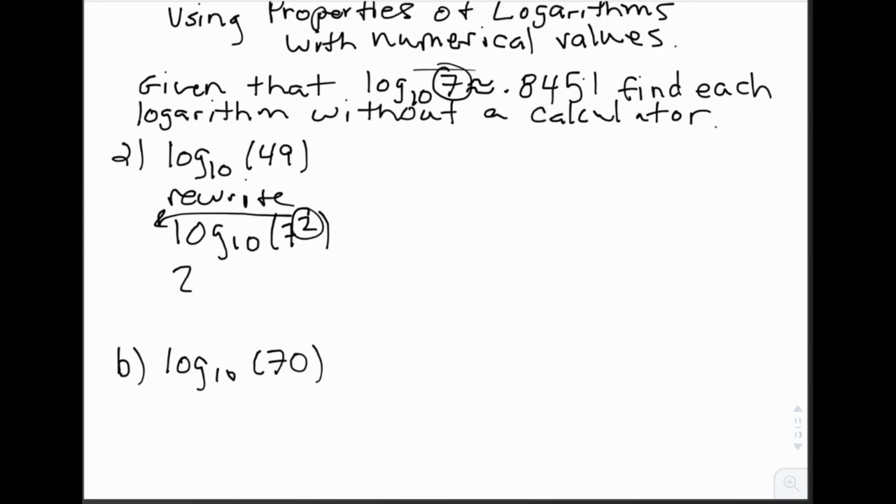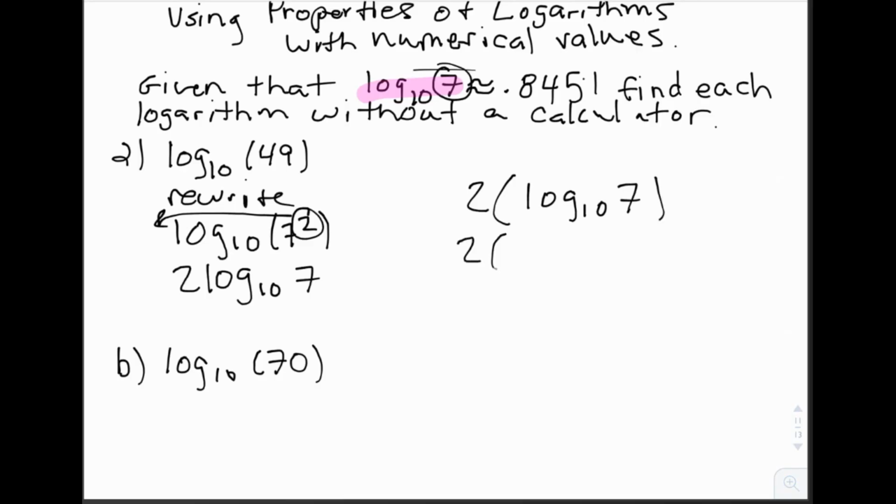So what does that give us? A 2 log base 10 of 7, which is exactly what we wanted because we know that log base 10 of 7 is approximately 0.8451. So in other words, this is just 2 times log base 10 of 7.